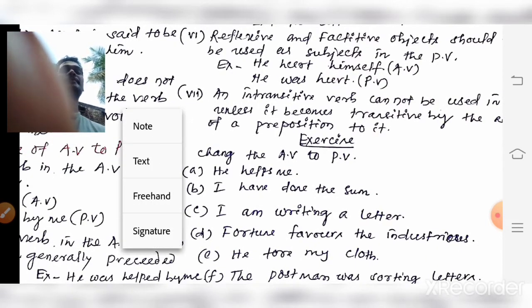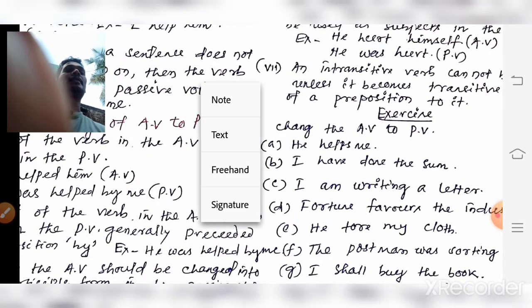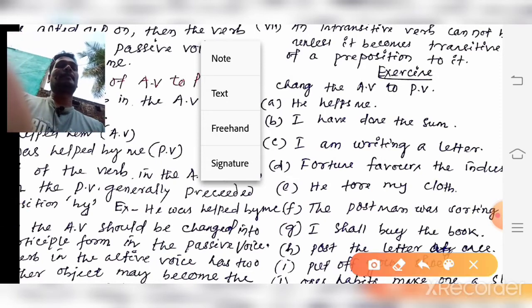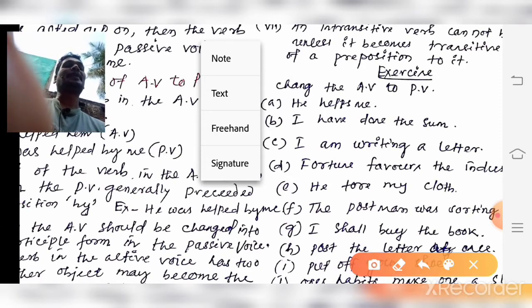Then let's do an exercise. First, he helps me. Change the AV to PV.